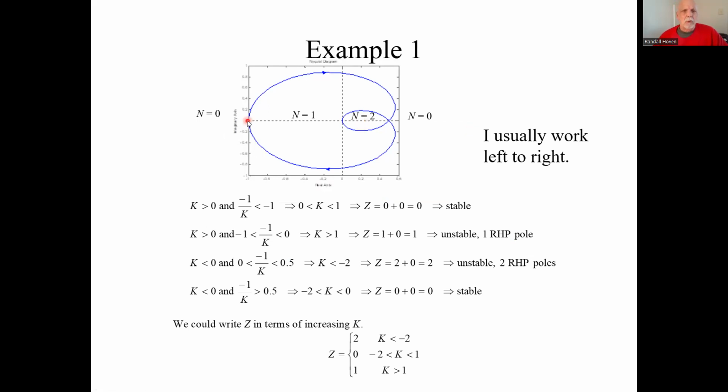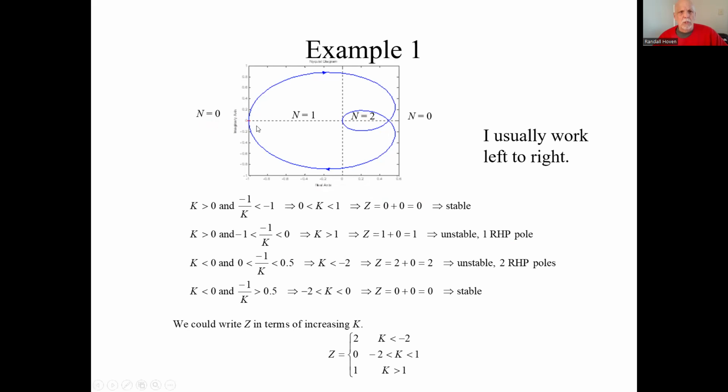So let's see, out here, that's where the -1 over k is less than -1. Do the inequality algebra, that means k is between 0 and 1. There z equals, well, in every case, p equals 0. So n plus p equals 0 in all these cases.